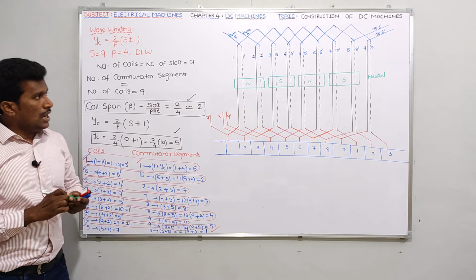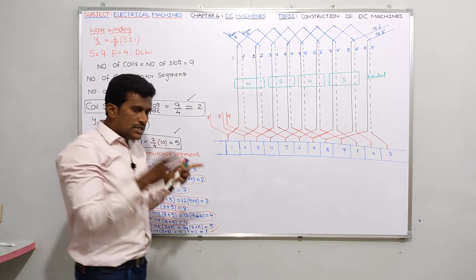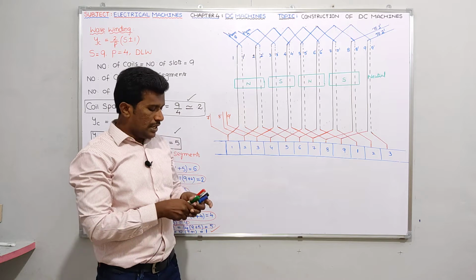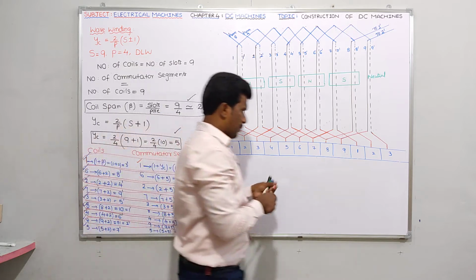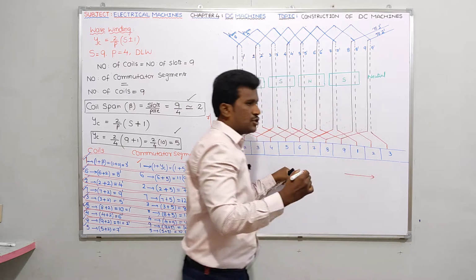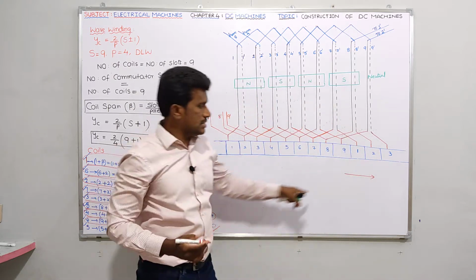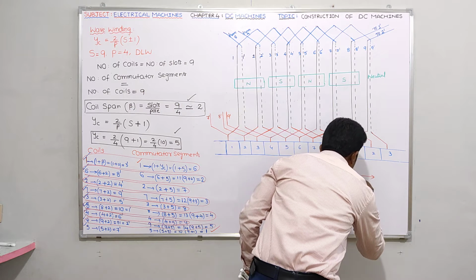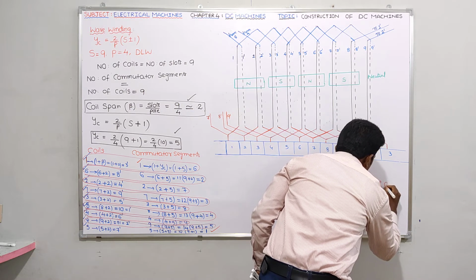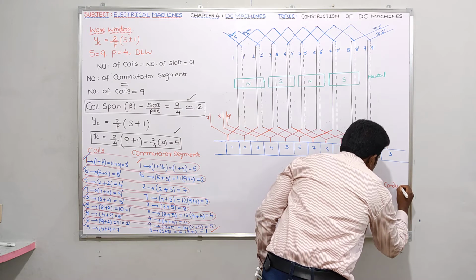Now guys, if you see the previous video, there is no need to repeat once again. I already covered it in the previous video. Suppose you take the direction of motion of a conductor in this direction.